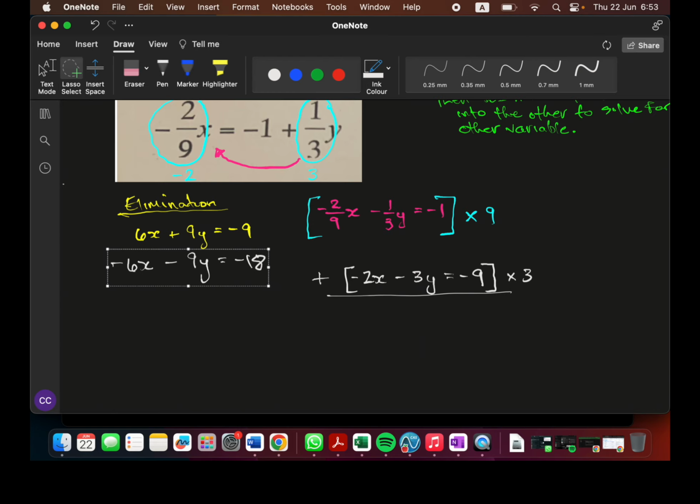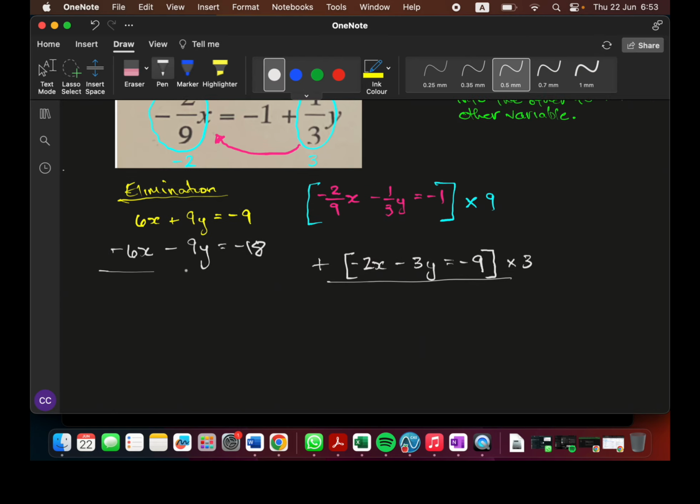I think you're going to notice that something weird is going to happen here. What's going to happen is I get negative 27, and then that's the same as 0y and 0x. Oh, good God.